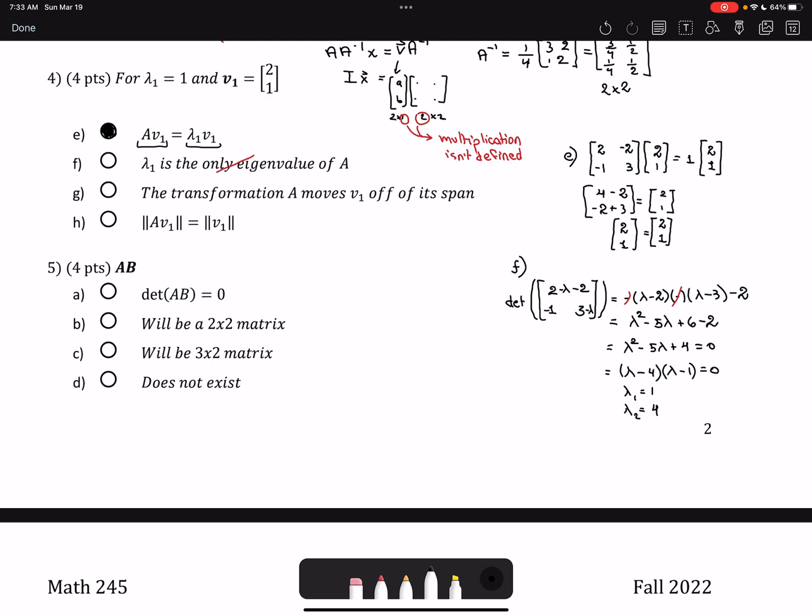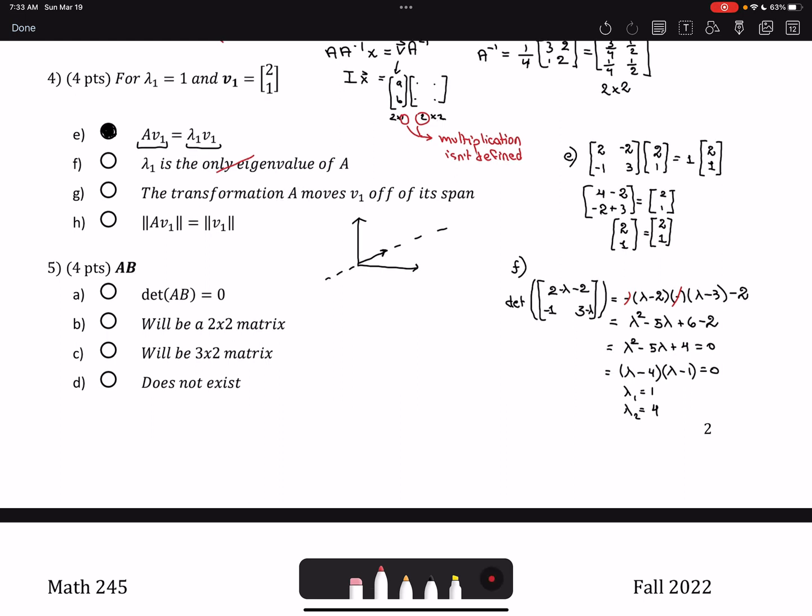And in this particular case, it doesn't even scale it. It just stays the same, which means that this is not true. It doesn't move V1 off of its span. V1 is 2, 1. So V1 is here. After the transformation, V1 is still here. So it's still in its span, which is this line. So that one's also not true.